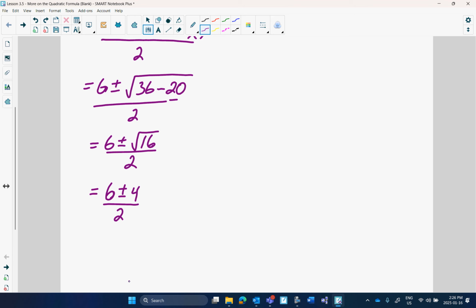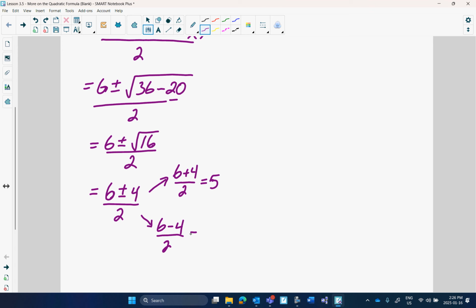There was a similar question to this on the test. Many of you stopped here. You can keep going. You can actually do 6 plus 4 divided by 2, which will give you an answer of 5. And you can go back to this one and do 6 minus 4 and divide that by 2.